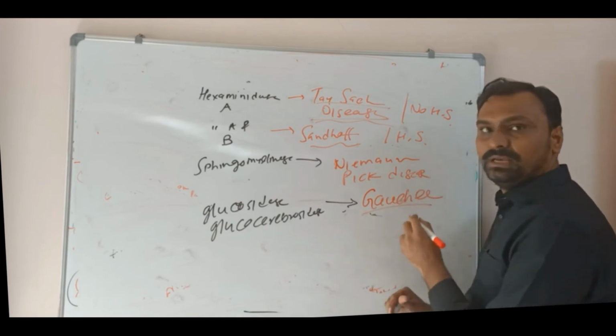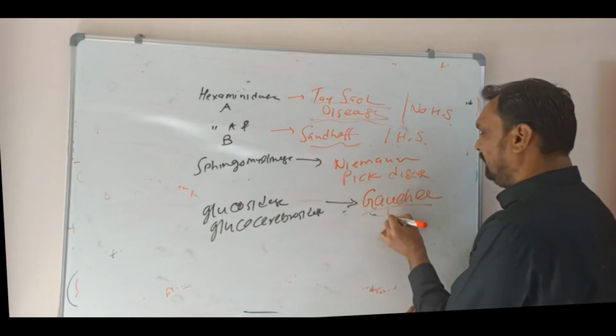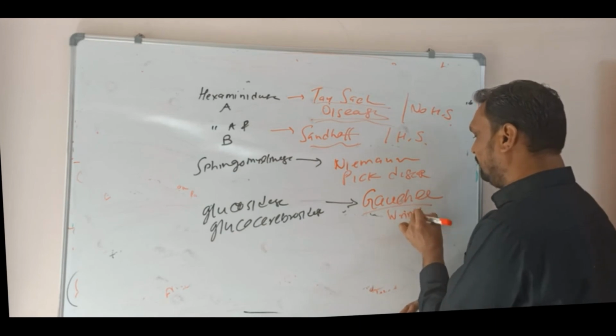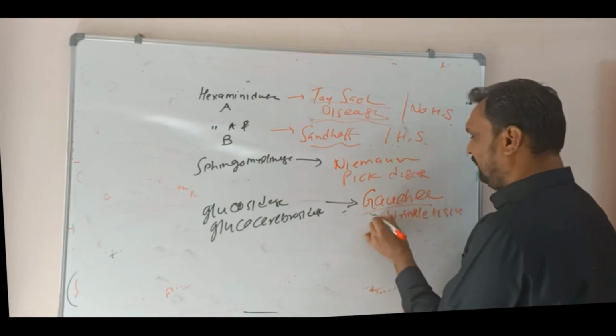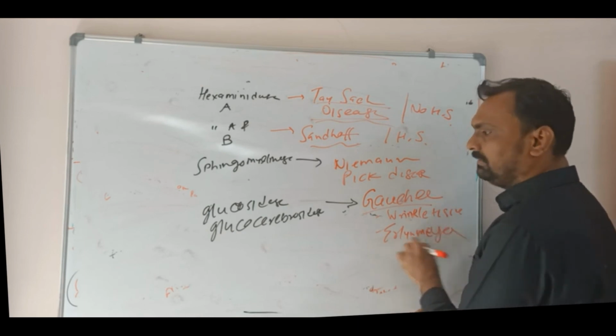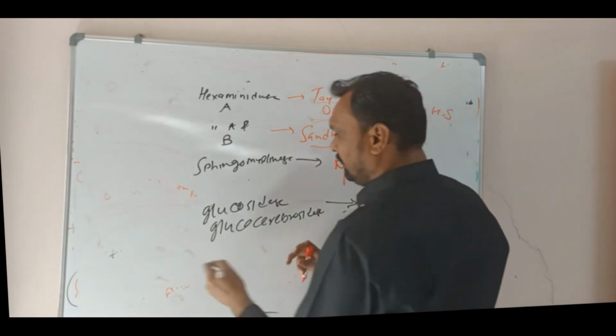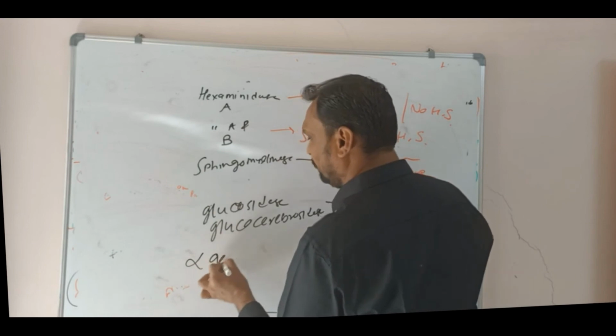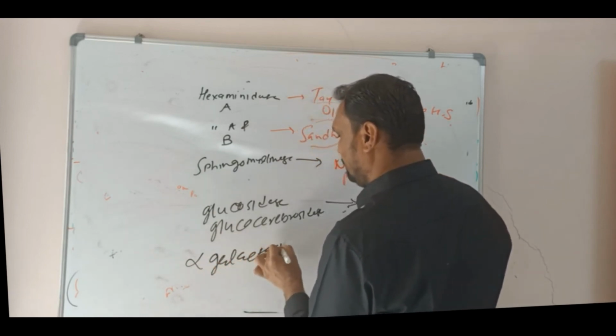Okay. There will be pancytopenia, there will be hepatosplenomegaly, and very specific are the wrinkled tissue paper appearance and Erlenmeyer flask deformity.